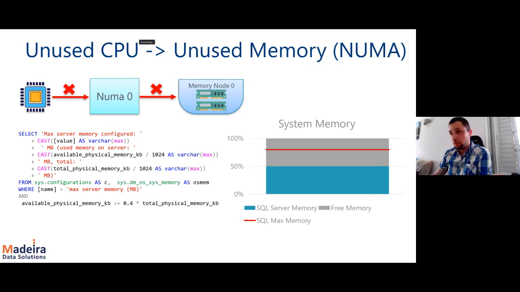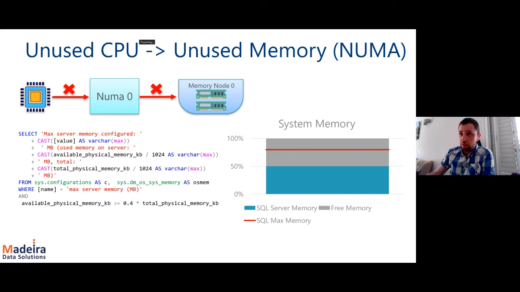There is a way also to detect that by querying from sys.configurations to get the max server memory setting, and from sys.dm_os_sys_memory to get the available physical memory and the total physical memory. And on the screen is a simple query to detect a situation where at least 40% of the total physical memory, sorry, is free. That means that you are wasting money on your hardware, but SQL Server is not using it.